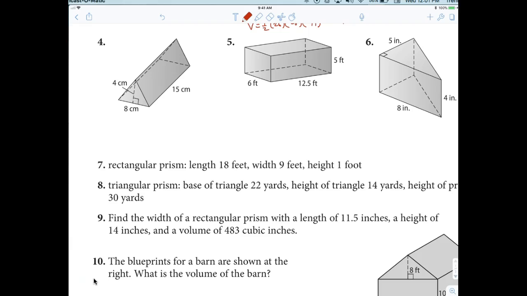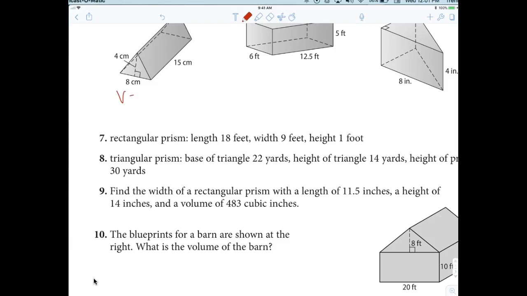So, Sebastian, little b, little h, capital H. No, I want to know what the base is of the triangle, and the height. 15. 240 centimeters cubed.